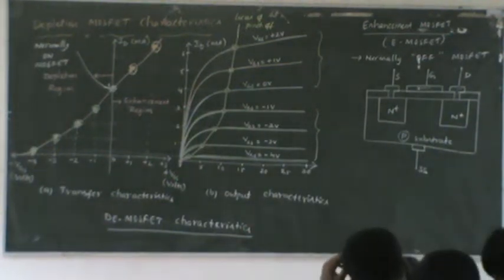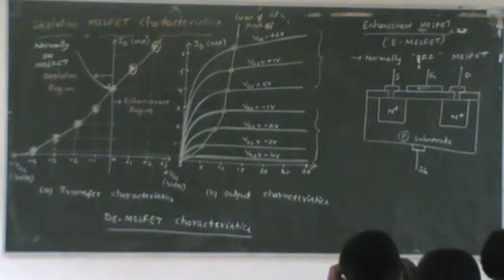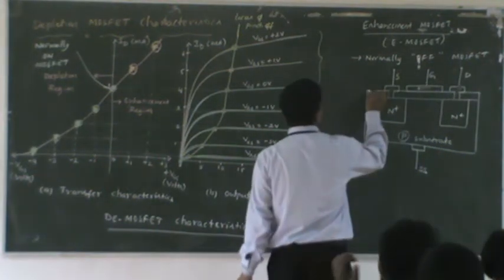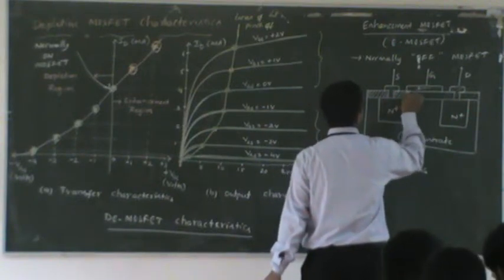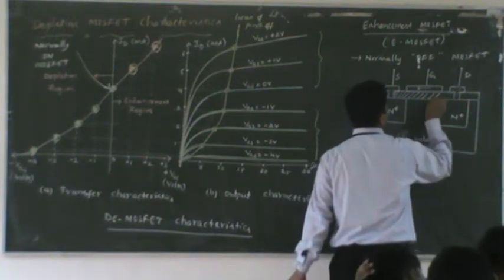This is the construction of the N-channel MOSFET. For silicon dioxide, we will shade it with horizontal lines like this.